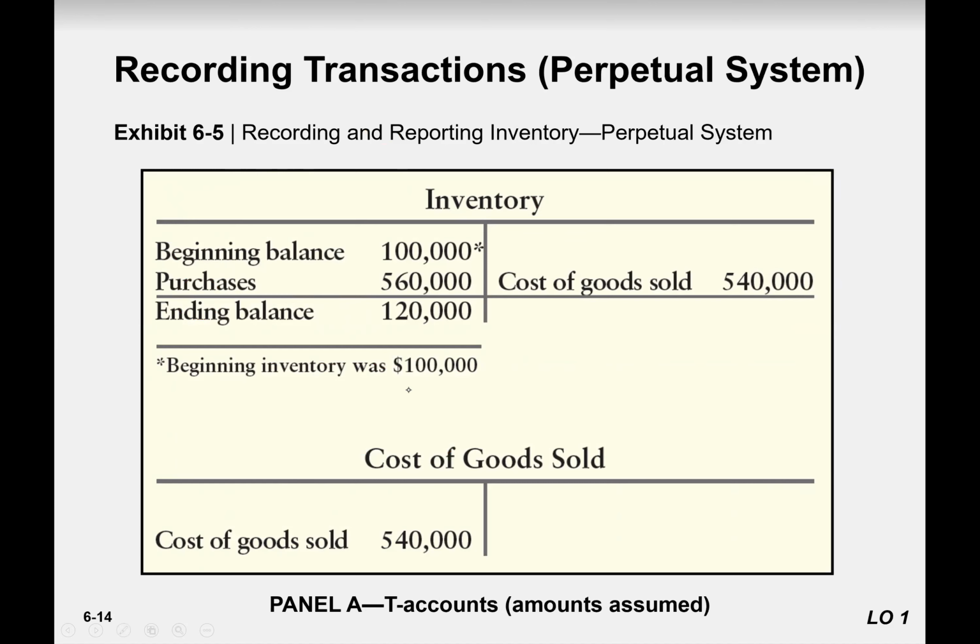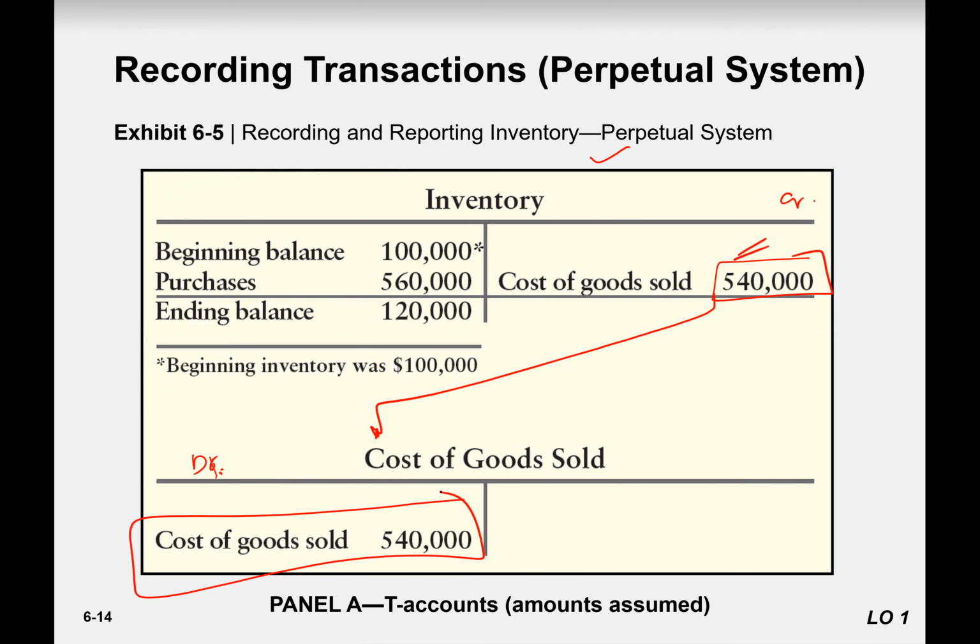So if we see the key accounts, inventory is going to be reduced because this much amount is sold, and that will decrease our inventory. Decrease in inventory is on the credit side. Since we expense this amount, we create another T account in which we record it as an expense, and expense increase is debit, so it is on the debit side.